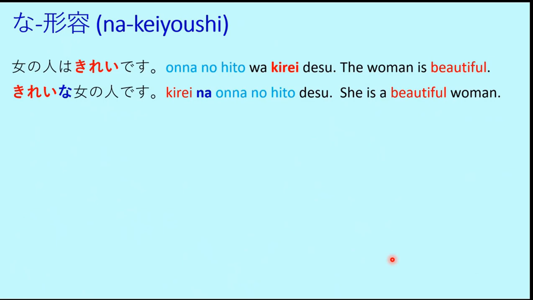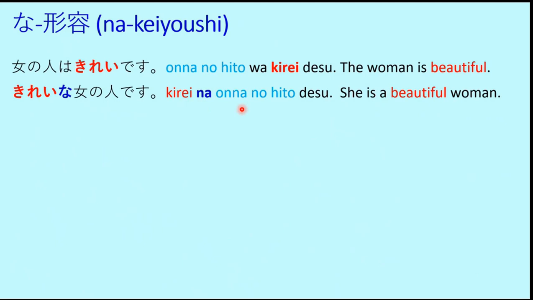If we take a similar example for the i adjectives, it will be kocha wa atsui desu, that is, tea is hot. And we can also say atsui kocha desu, hot tea. So there is nothing in between atsui and kocha. But here there is na in between kirei and onna no hito.